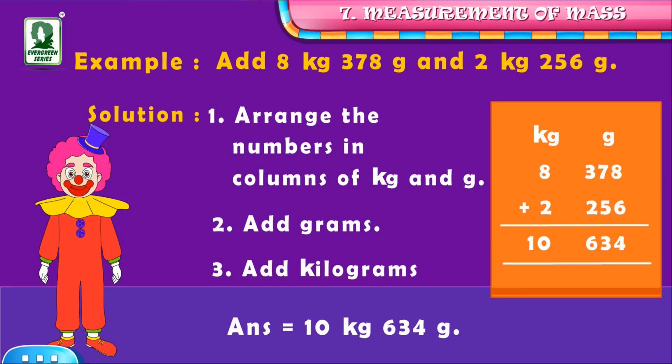Step 2. Add grams, that is 378 and 256, which is equal to 634 grams. Step 3. Add kilograms, that is 8 kg and 2 kg, which is equal to 10 kg. Thus, the answer is 10 kg and 634 grams.